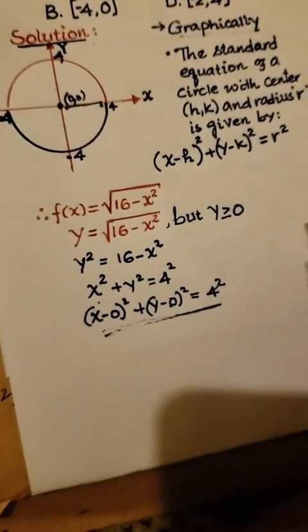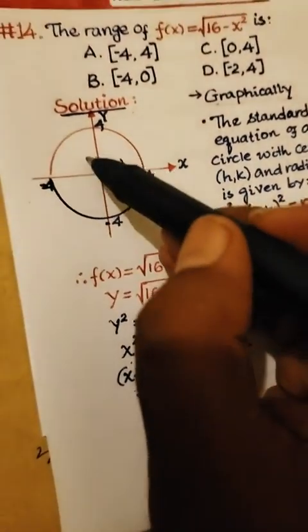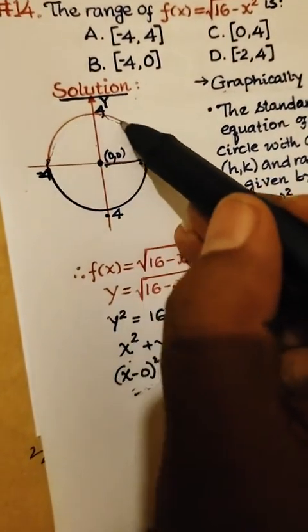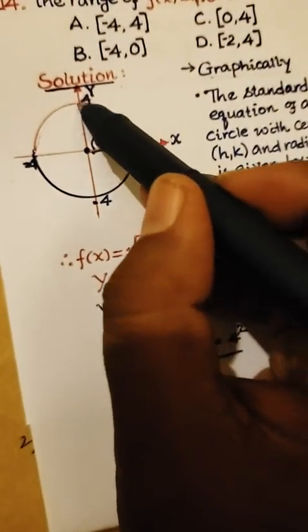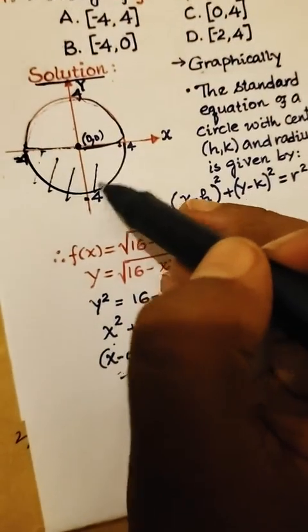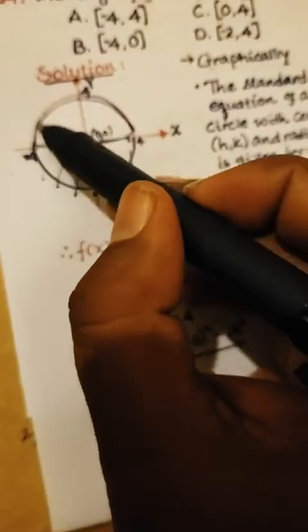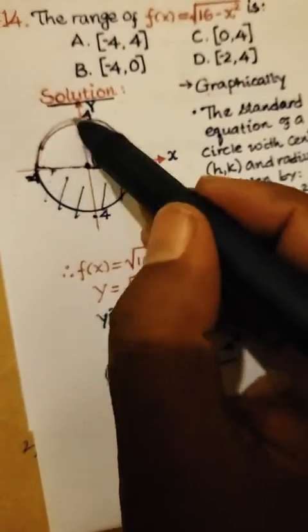But bear in mind, since the value of y is always greater than or equal to 0, we will take only the semicircle which is above the x-axis. So this part of the circle will not be considered. So this is the graph of the given function, and it can be represented just like this.